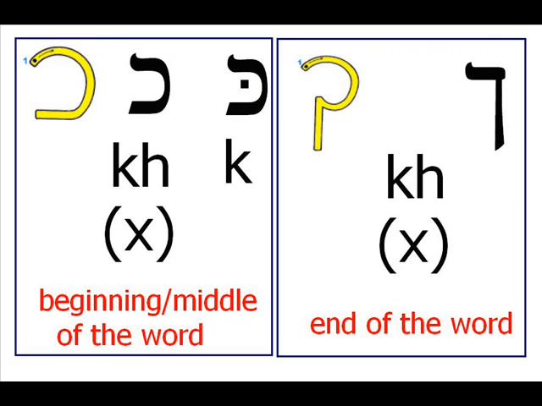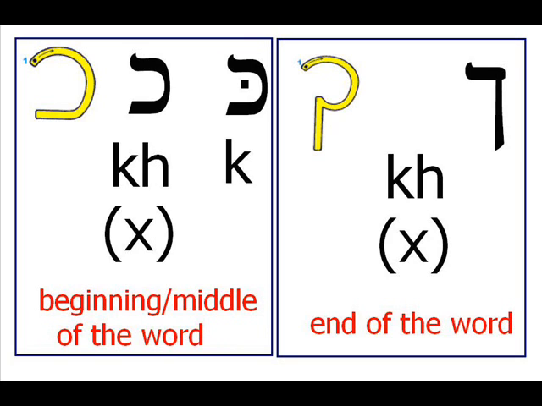And the 11th one is kaf. Kaf is a special letter. If we are at the beginning or the middle of the word, I know that it doesn't exist in English, but in Hebrew we have that. If we are at the beginning or at the middle of the word, we will write it as shown on the screen.